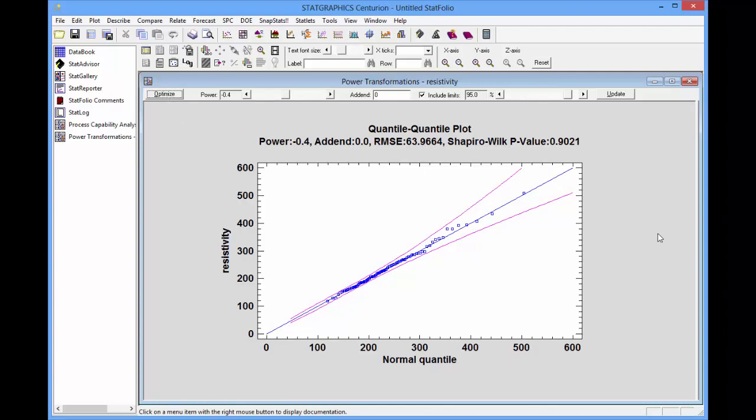This will invoke what's called the Box-Cox procedure and use it to determine the best value of P. It turns out in this case, the best value of P is minus 0.4, and you'll notice that will give me a Shapiro-Wilk p-value in excess of 0.9.